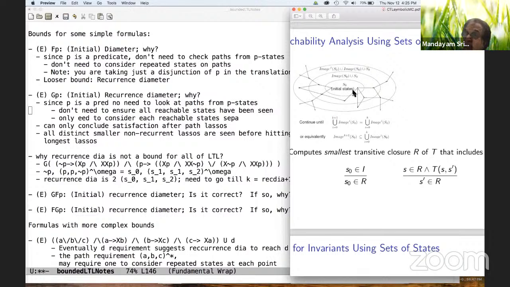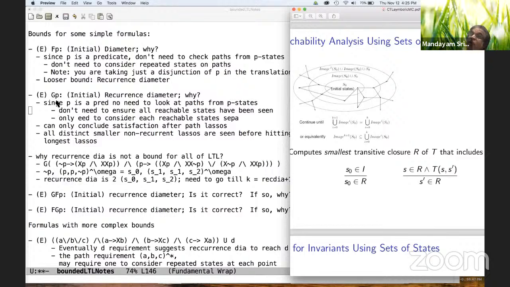By that time, every shorter lasso would have been encountered in your BMC checking. You remember that the BMC check for each K checks for all lassoing paths, whether GP was true or not.